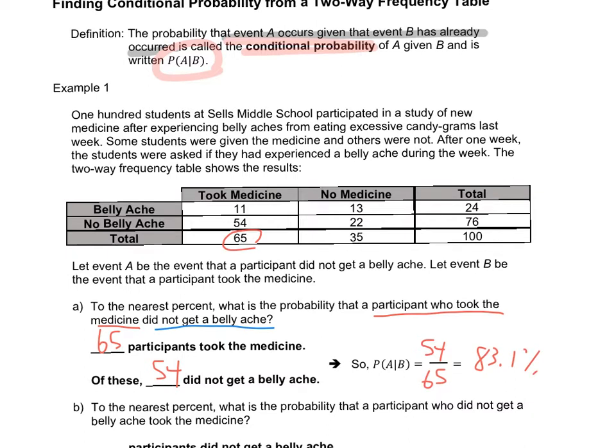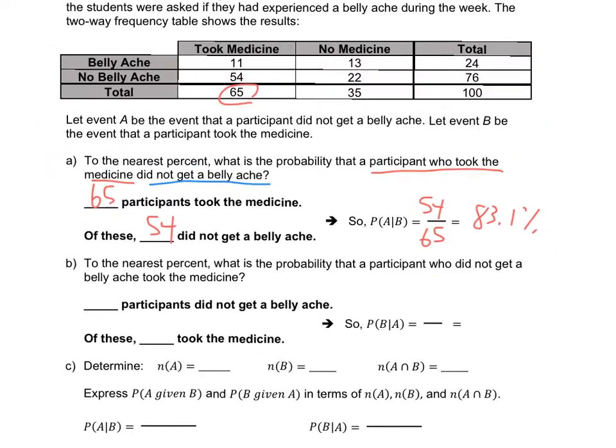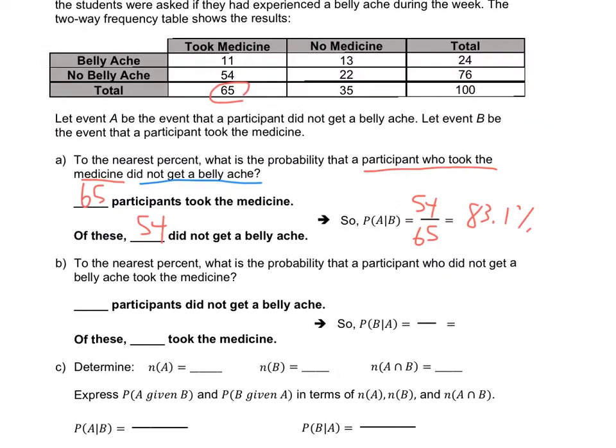All right, let's take a look at the next one here. To the nearest percent, what is the probability that a participant who did not get a bellyache took the medicine? Now we're flipping the order here. How many participants did not get a bellyache? 76. So now we're looking at that row total right there. 76 did not get a bellyache of the 100 total people.